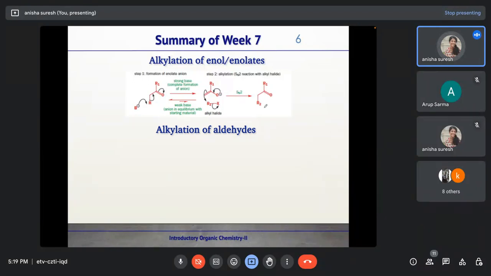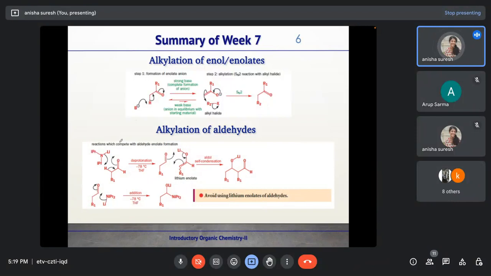Now coming to alkylation of aldehydes. If we have a base like LDA, LDA can abstract the alpha proton of the aldehyde and give rise to the lithium enolate. This deprotonation we are considering is taking place at minus 78 degrees Celsius.